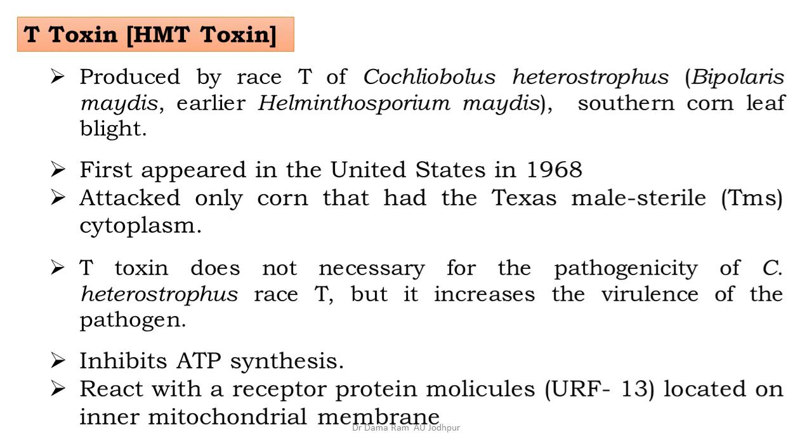The T toxin acts specifically on the mitochondria of susceptible cells, which are rendered non-functional, and it inhibits ATP synthesis. It also reacts with the receptor protein URF13 located on the inner mitochondrial membrane.